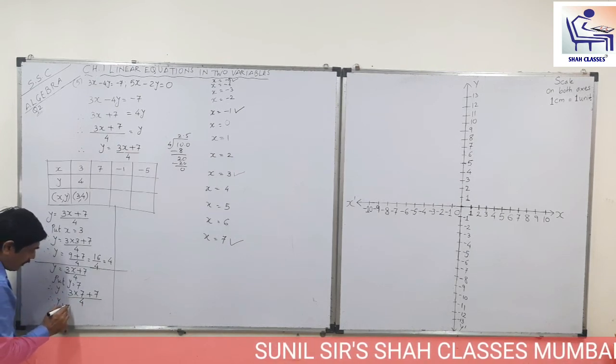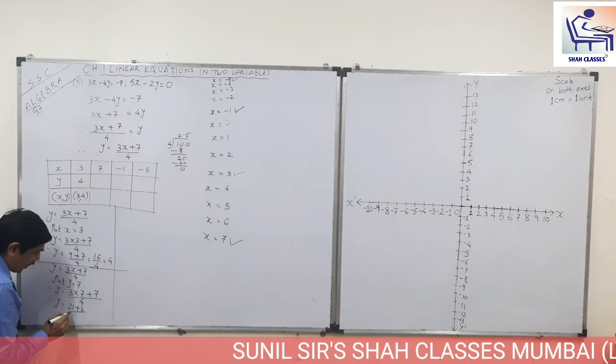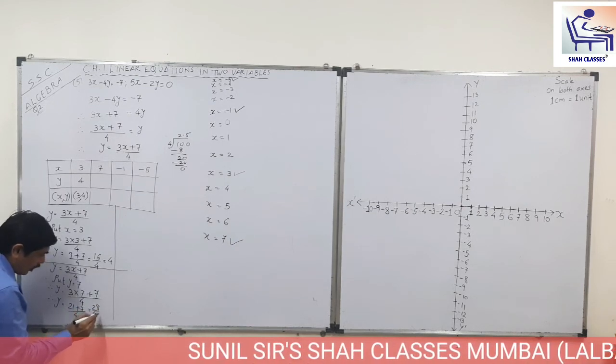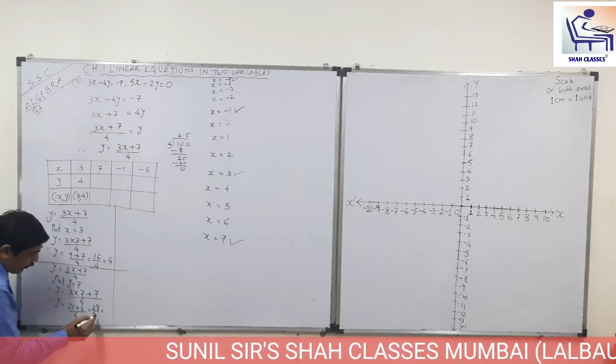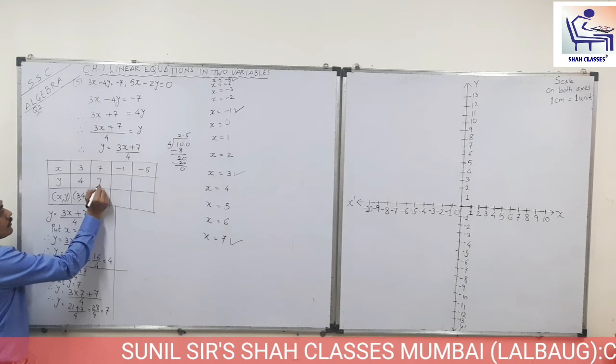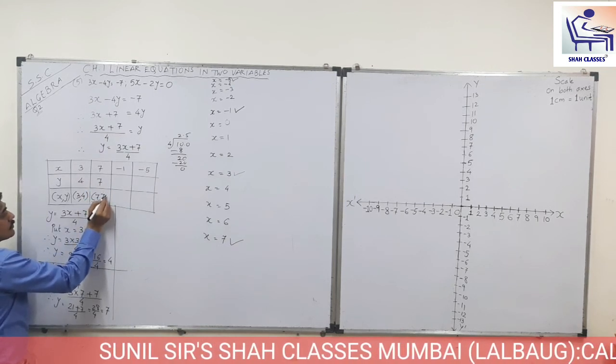Three sevens are 21 plus 7, so 28 upon 4, and 28 upon 4 is 7. So we got the value 7, 7.